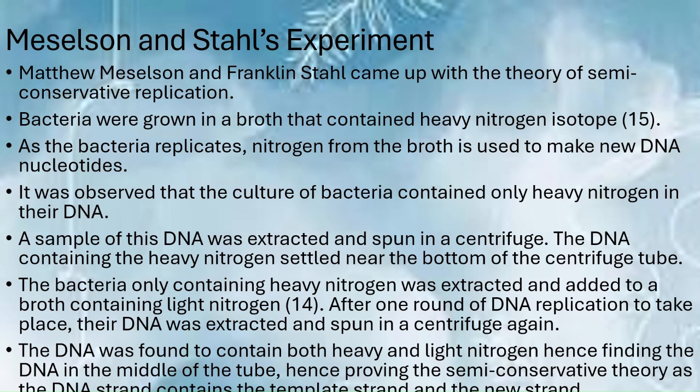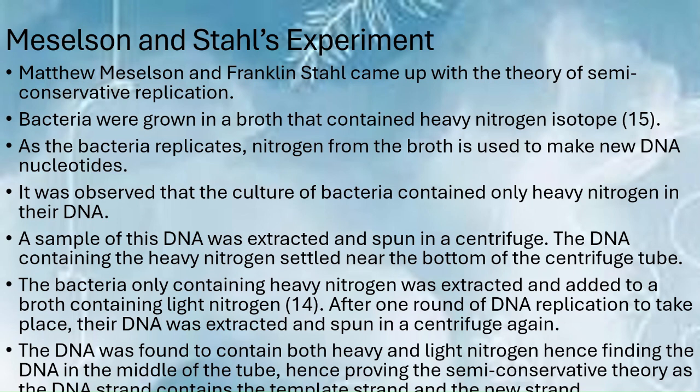The bacteria containing only heavy nitrogen were extracted and added to a broth containing light nitrogen, nitrogen-14. After one round of DNA replication, their DNA was extracted and spun in a centrifuge again.